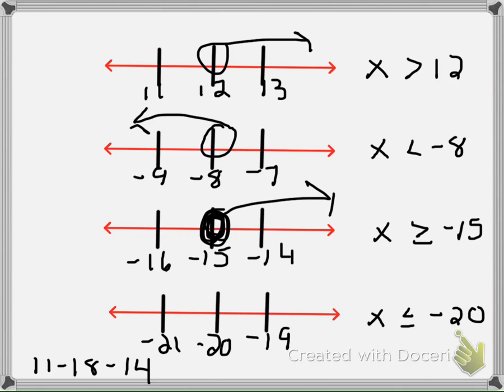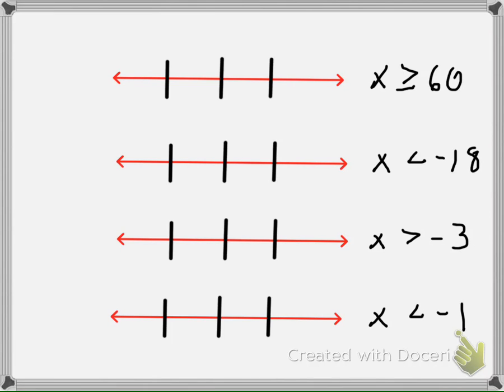This says x is less than or equal to -20, and the numbers less than -20 are to the left. There we go. Okay, copy these down. I'll wait about 30 seconds for you to copy them down.